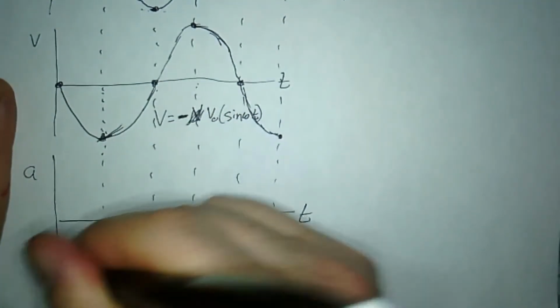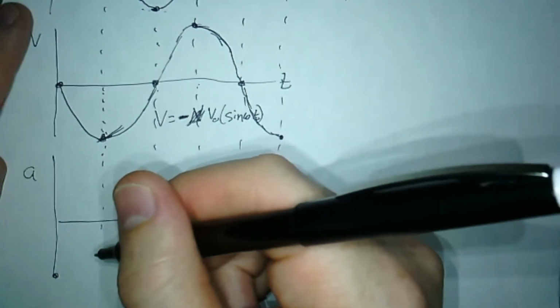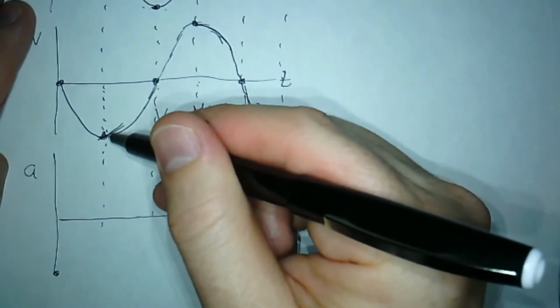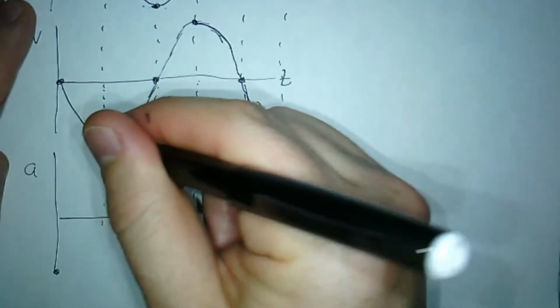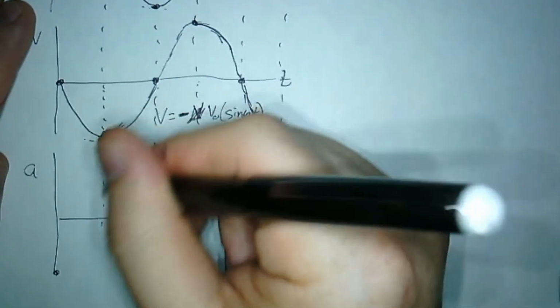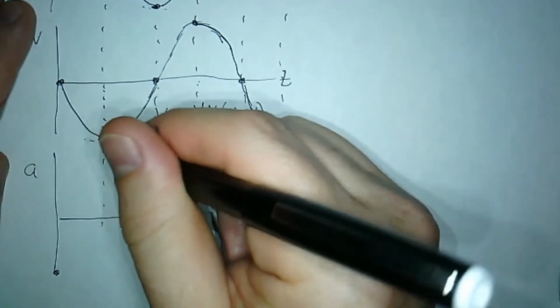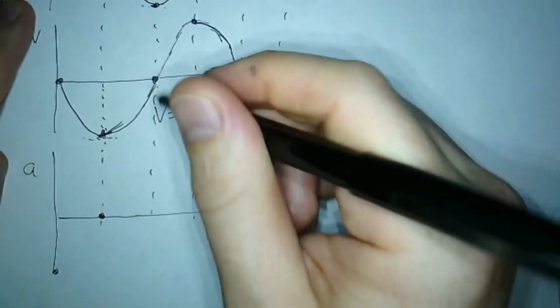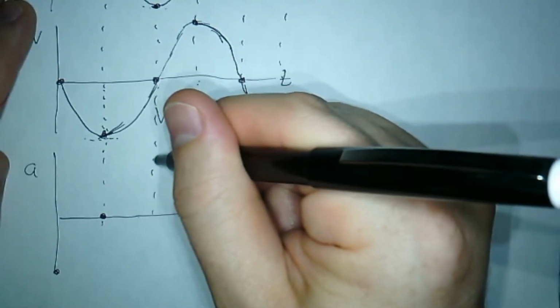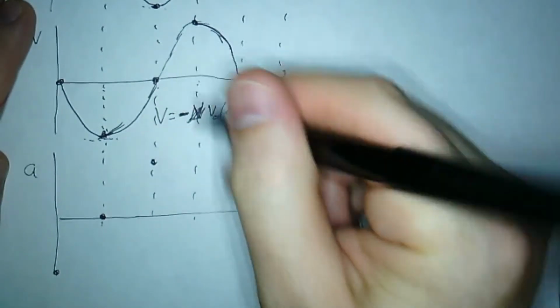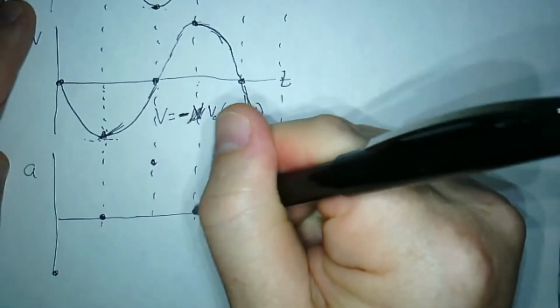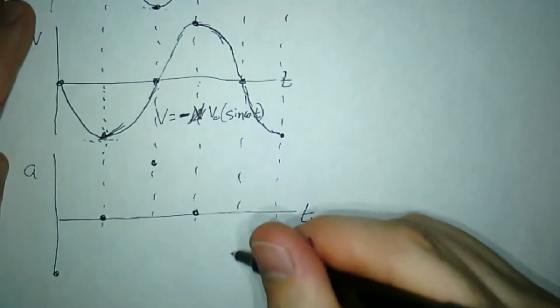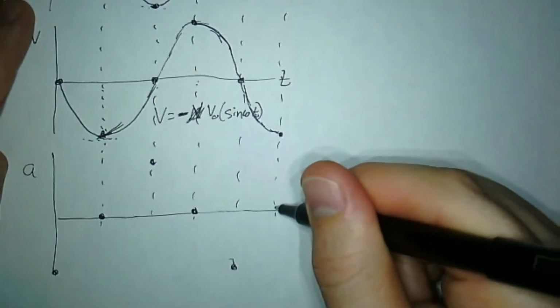So I'm going to put a point here. And then here, my acceleration, which is the slope of my velocity graph, is 0 because that's the minimum here, so it's not getting any lower. And so here, maximum but positive. Here's going to be 0 because that's the maximum point, so it's not getting any higher. Here it's going to be maximum but negative. And here it's going to be 0.